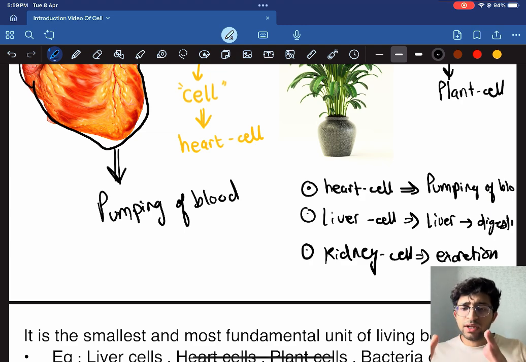What I mean to say is that we don't have one particular cell. We have heart cells, kidney cells, liver cells, different kinds of cells with different shapes and different functions. That's why another term is multicellular organisms, because we have multiple different types of cells, with different shapes and different functions.